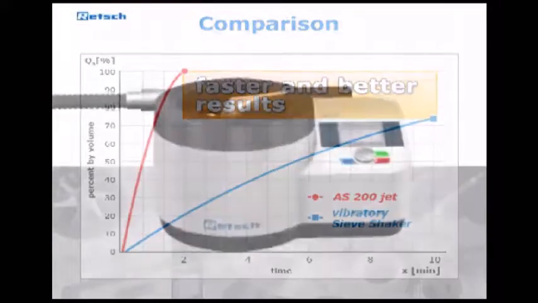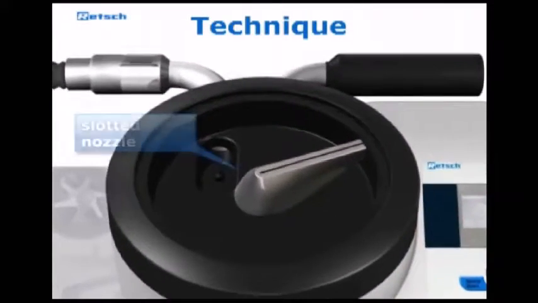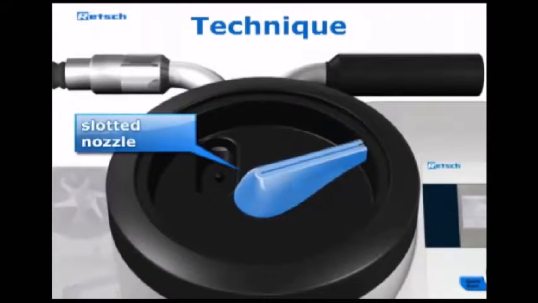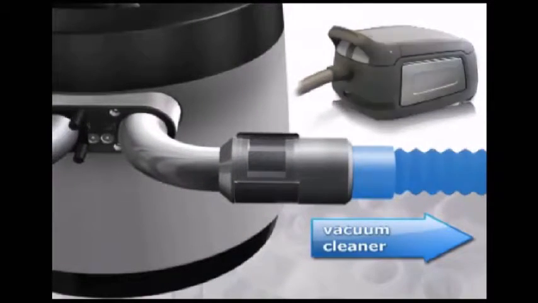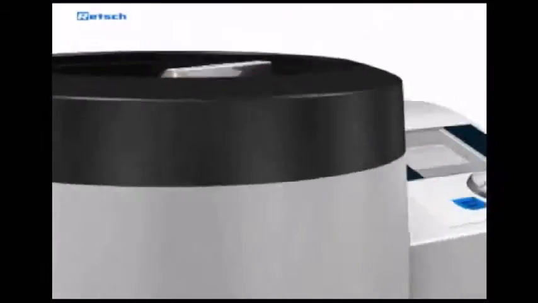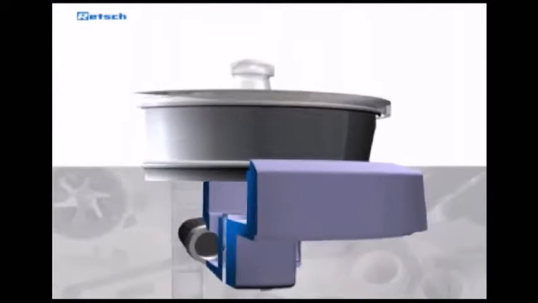The reason for the effectiveness of air-jet sieving is based on two components: a rotating slotted nozzle which is connected to the ambient air, and a high-performance industrial vacuum cleaner which is connected to the compartment. When the vacuum cleaner is turned on, it generates a vacuum inside the sieving machine.